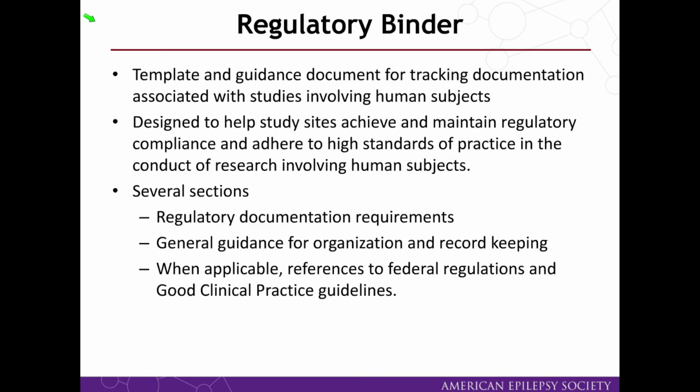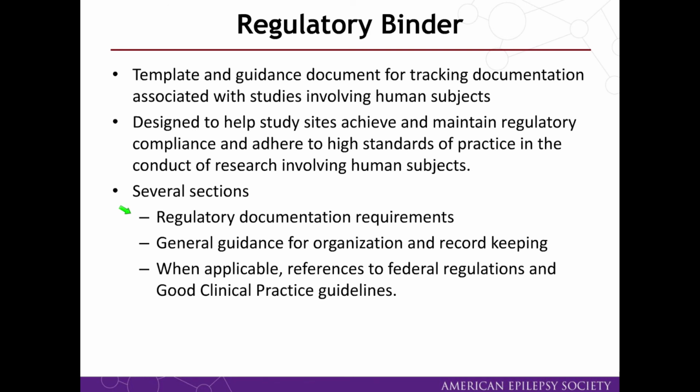And then finally, the regulatory binder is a template for tracking the documentation associated with studies involving human subjects. And again, this is usually developed by your Office for Human Subjects Research and the IRB, and it helps you to maintain all of the regulatory information that's required. This is particularly important for studies that are sponsored and for investigational agents that are going to be submitted to the FDA for approval for clinical use.